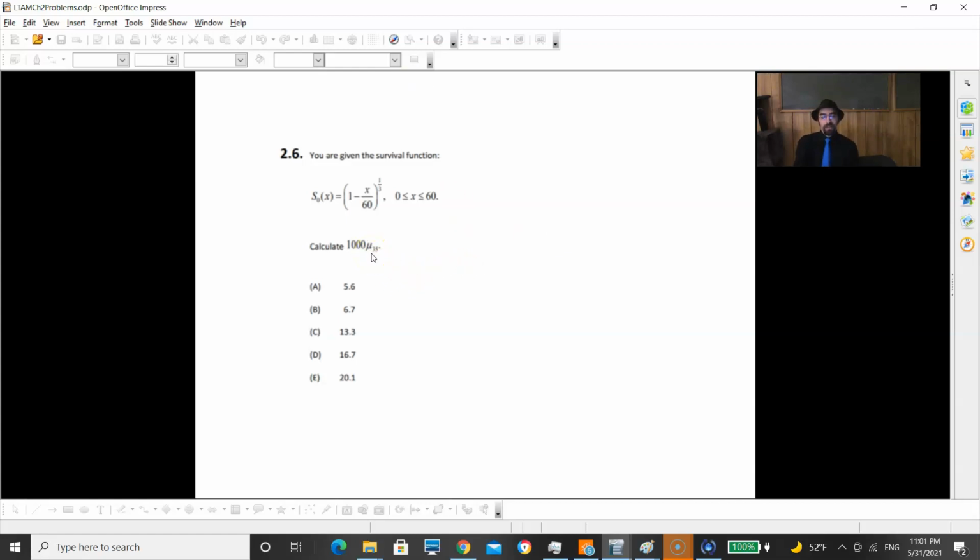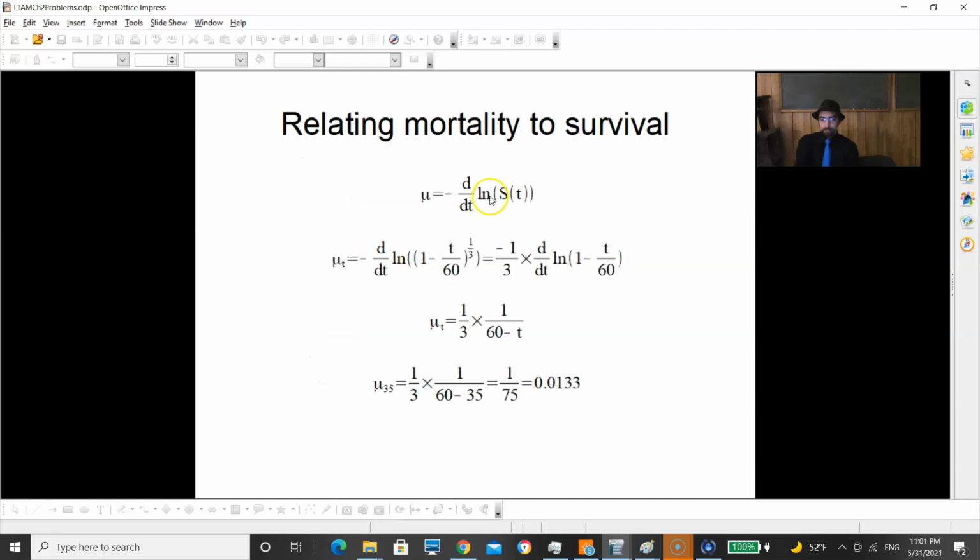Force of mortality equals negative derivative log survival. They gave you the survival, do negative derivative log survival, you get that it's 0.0133, multiply by 1,000 and you'll get 13.3. Okay. That was probably the easiest problem on the whole set.